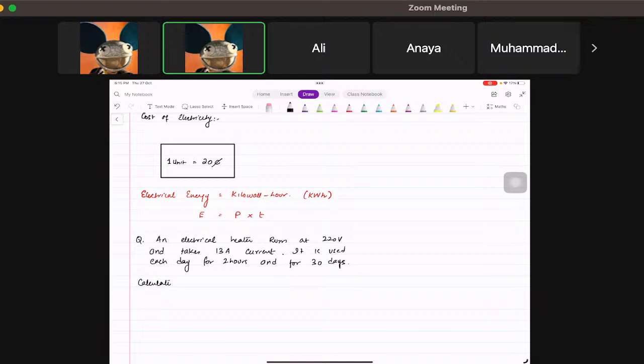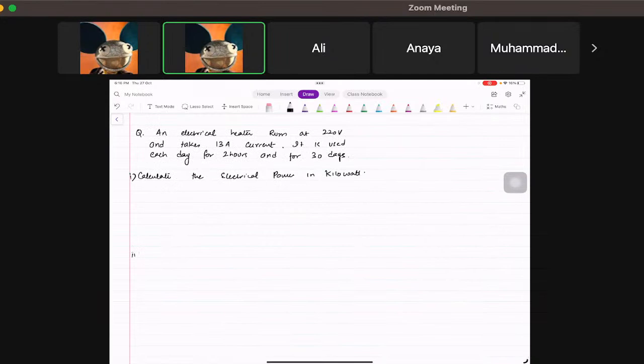So, first of all, number one, calculate the electrical power in kilowatt. Okay, so that's the first part. And in the second part, they say calculate the electrical energy in kilowatt hour.